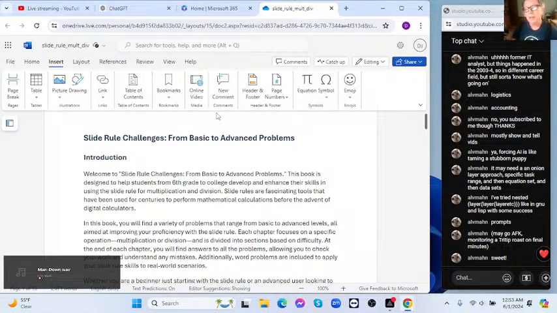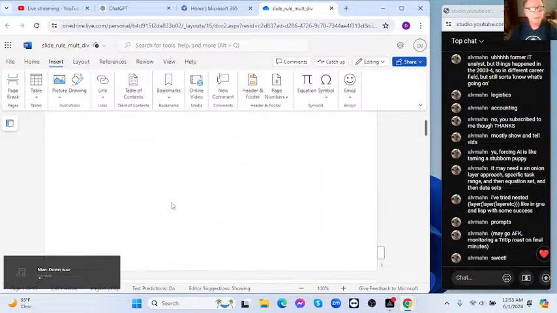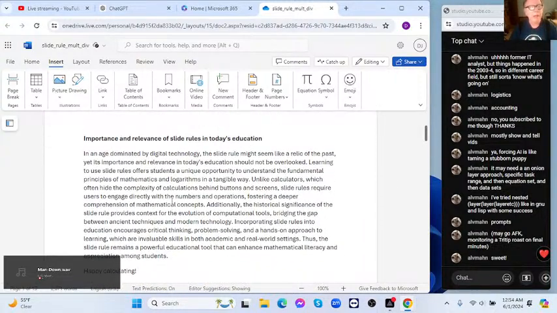So I wonder how you create... well, welcome to, the book is designed to help students from 6th grade to college develop and enhance their skills and use the slide rule for multiplication and division. Slide rules are fascinating tools that have been used for centuries. Why is this important, you ask? I'm glad to.